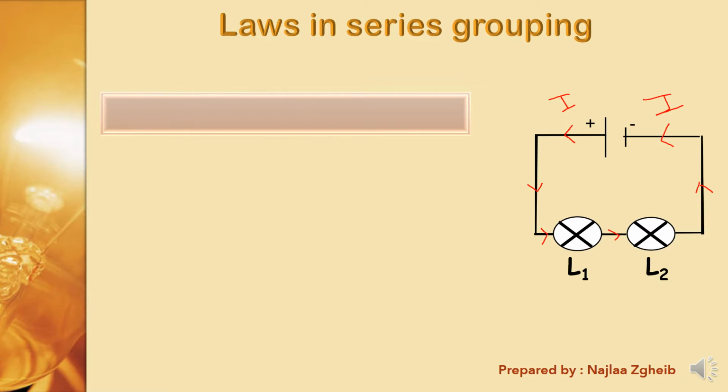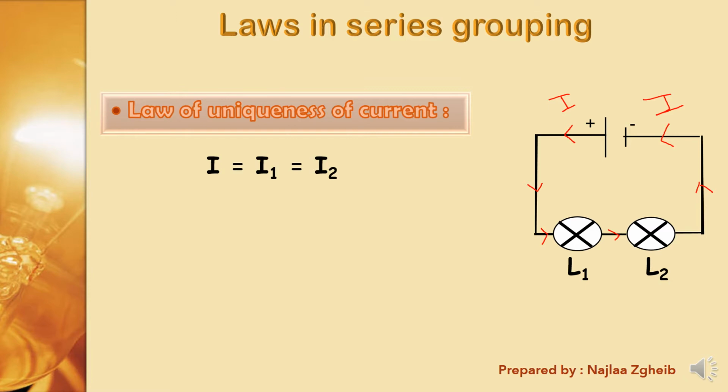The current sent by the dry cell is the same as the current carried by L1 and the current carried by L2. So we can say that I equals I1 equals I2.